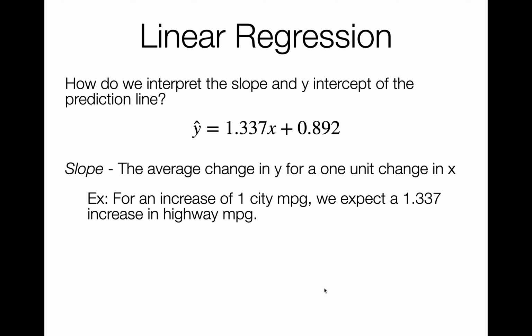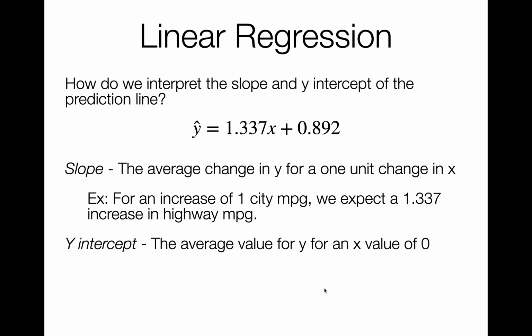So here's an example, and here's what it means for this line. For an increase of 1 city MPG, okay, we expect a 1.337 increase in highway MPG. The y-intercept is again not the value of y when x is 0, it's the average value of y when x is 0.